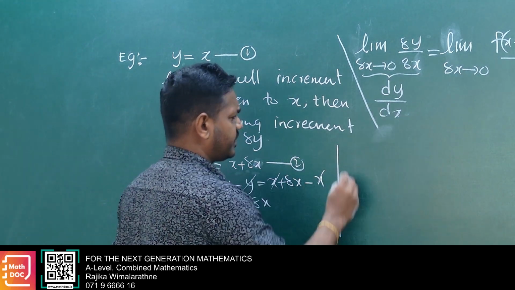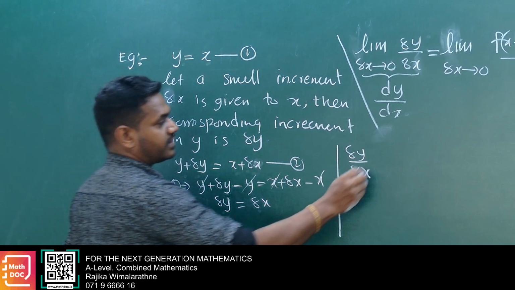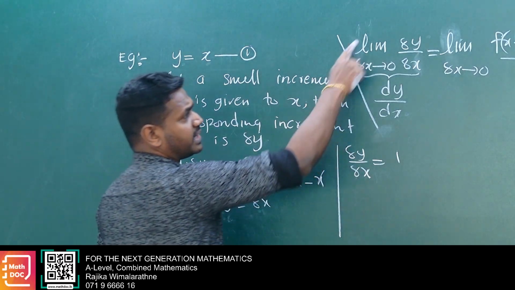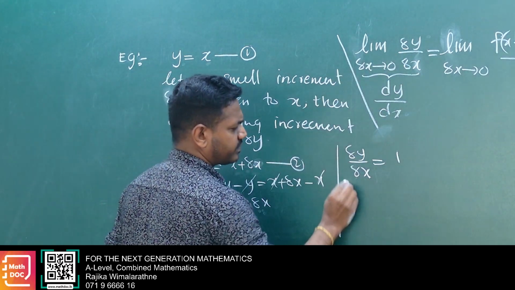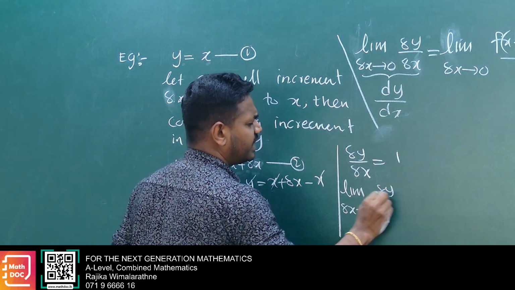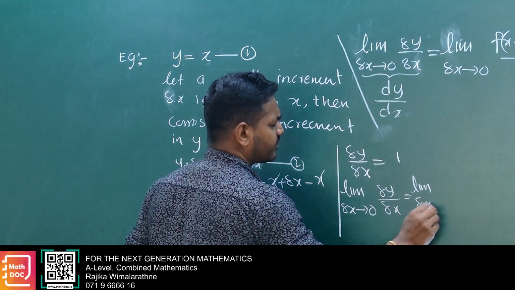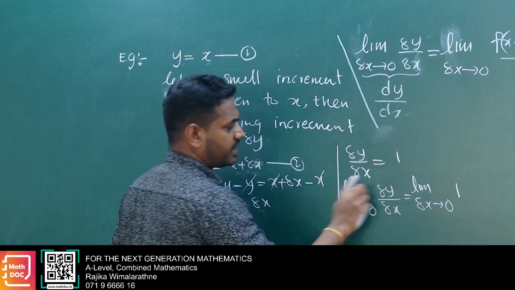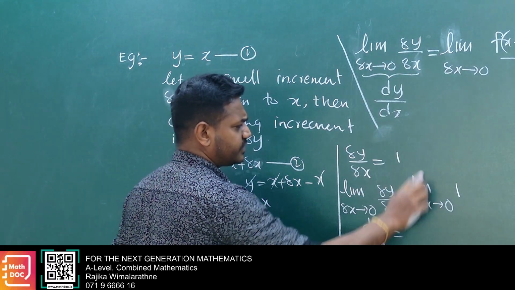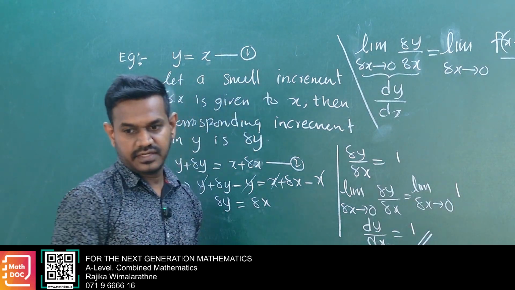Then delta y over delta x is 1. Now put the limit as delta x goes to 0. For this part we say dy by dx, and the limit of a constant is the constant. Then the derivative is 1.